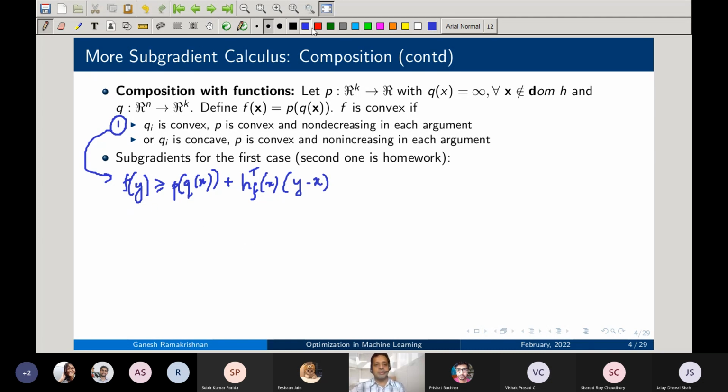Just remember that this expression is nothing but P of Q1(y) up to Qk(y). With that understanding, how do you get your h_f?